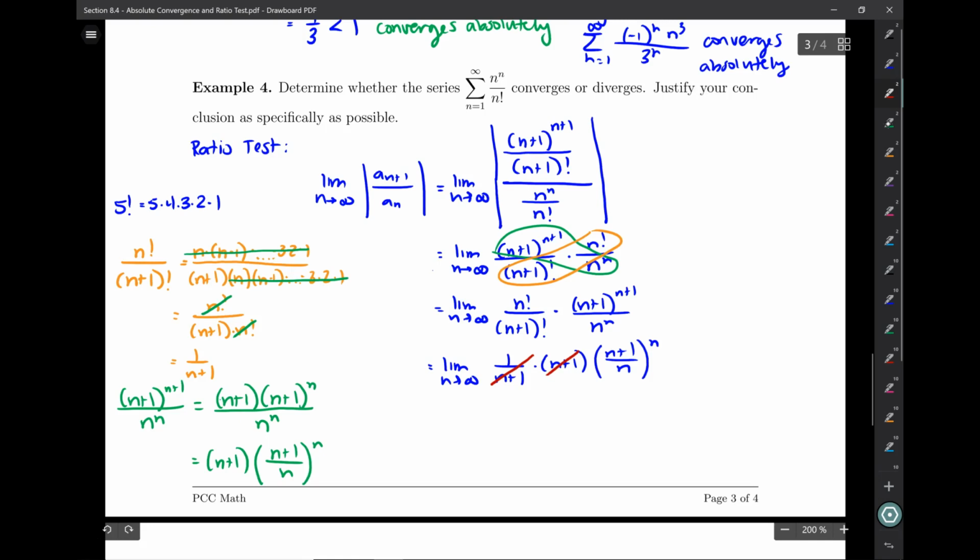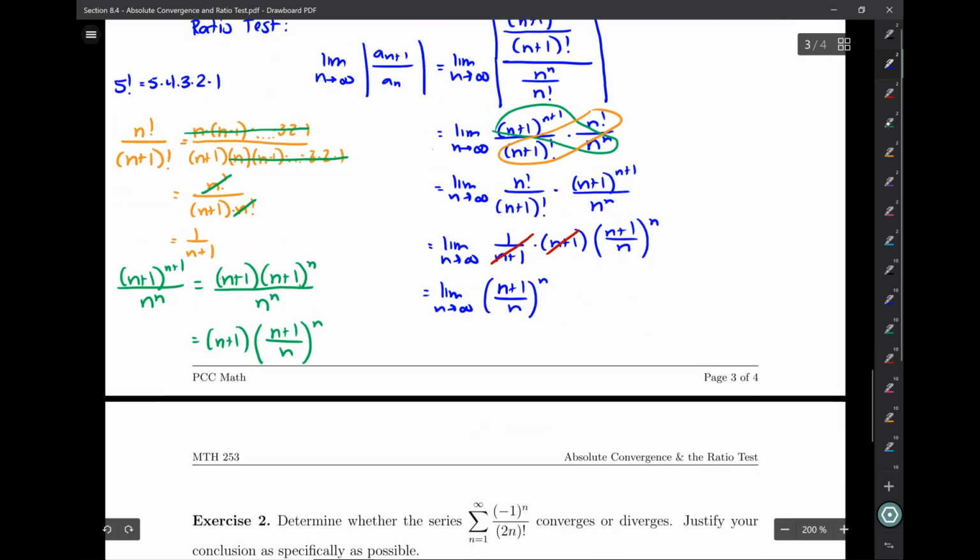And so I end up getting the limit as n goes to infinity of n plus 1 over n to the n. A few ways we can take a look at this one. I think I'm going to rewrite this as 1 plus 1 over n to the n.